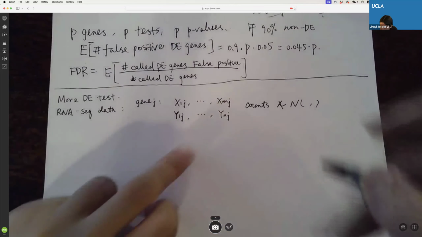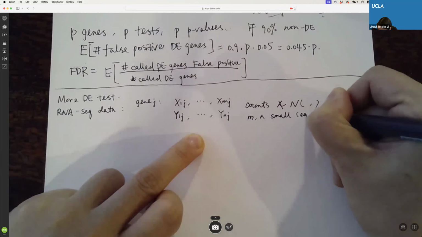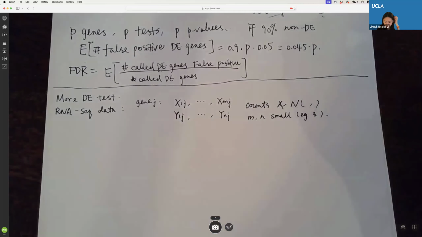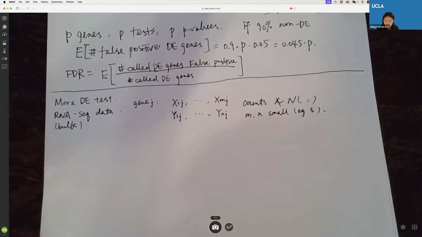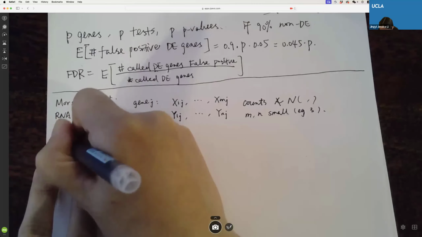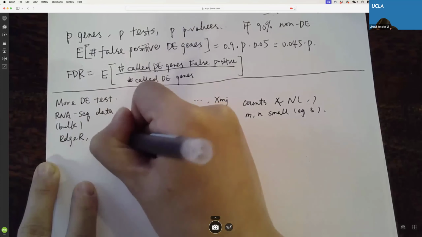And furthermore, we have n and n being small, like 3. If that's the case, we cannot use the central limit theorem. So when people analyze RNA-seq data, the two popular methods especially developed for bulk RNA-seq data, with single cell being another thing we'll talk about later, are edgeR, a popular method, and DESeq2.